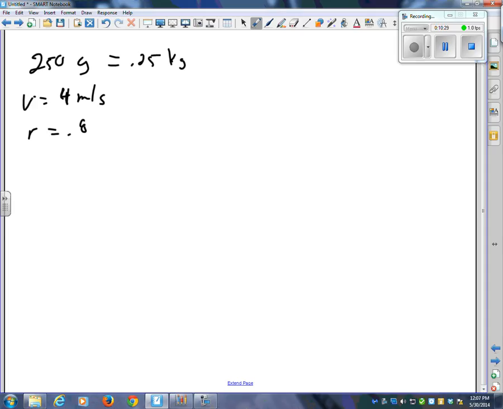Okay, so at the top, it weighs less, right? So we've got Fc is equal to mv squared over r, and I have to subtract the weight force, right? So we have 0.25, and the velocity is 4 squared.